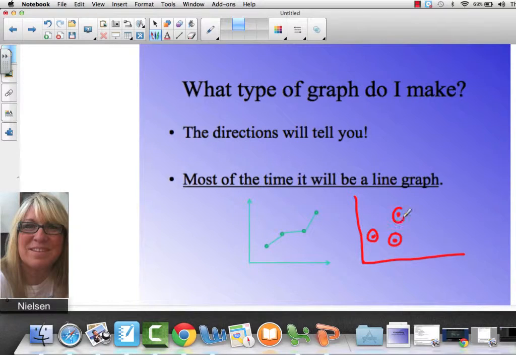And it might say, make a line of best fit. So what that means is you try to take your ruler and see how many of these you can get close enough to. So your line of best fit might be through there. But we'll do some practice in class, so you don't have to worry about that.